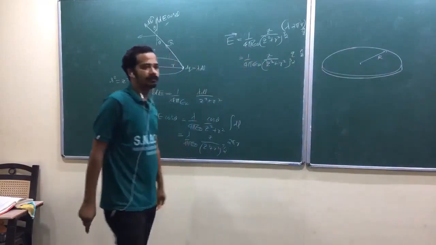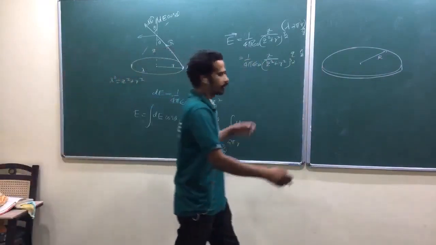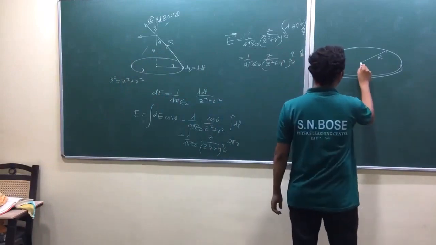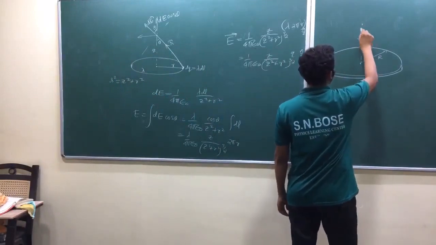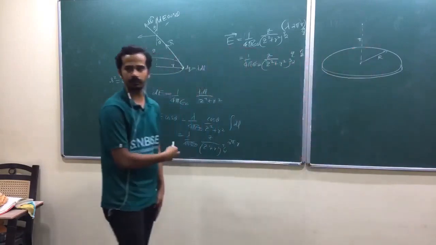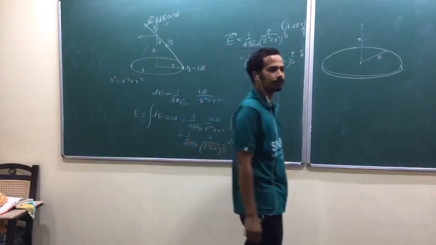Now what is the idea? Let me divide the disk into rings. Again the question is, what is the electric field at a distance z above the center? We have done this already using our coordinate geometry, and it is better to use that if you want to do it directly.